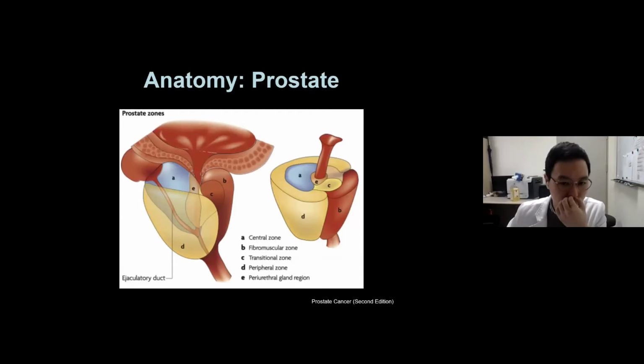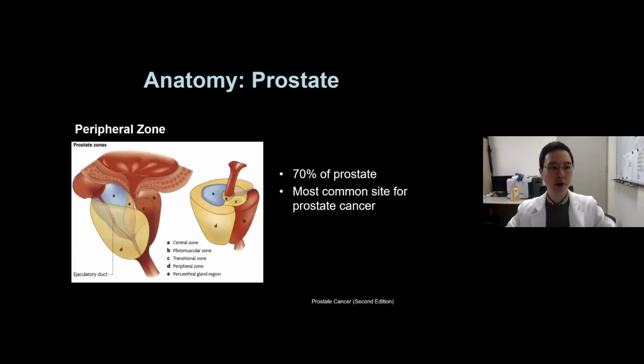Histopathologically, the prostate has 4 distinct zones, which have different features of tumors arising from them. So what are these distinct zones? The first is the peripheral zone, which is the largest part and comprises 70% of the prostate.